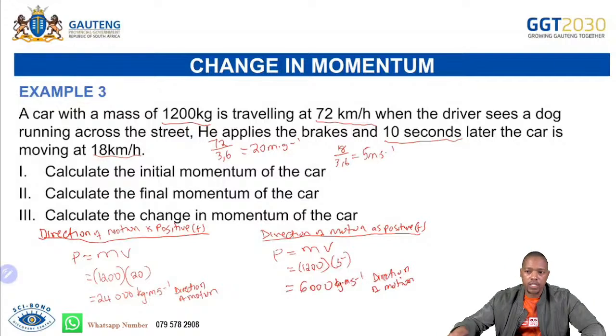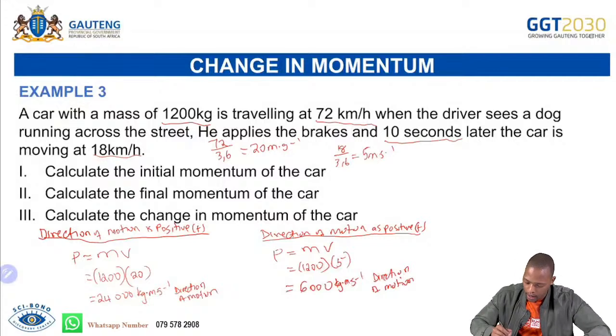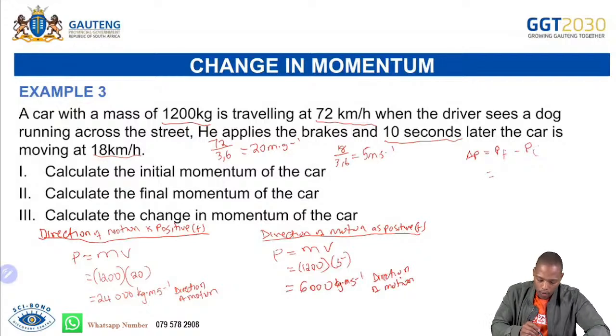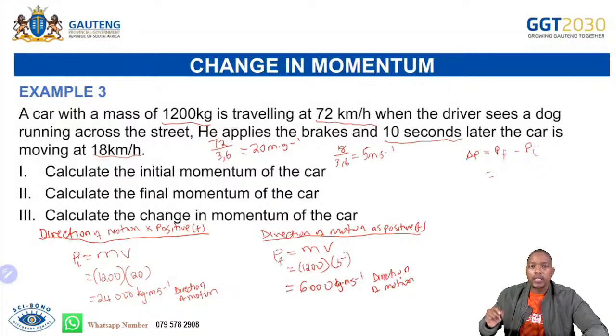The last question is now asking us, calculate the change in momentum of the car. The change in momentum of the car, we determine it by saying delta P equals PF minus PI in this case. Why? I have already calculated the PI and I've already calculated the PF.